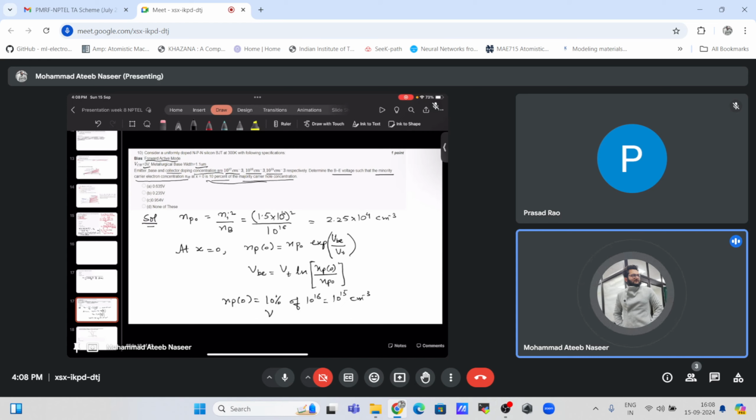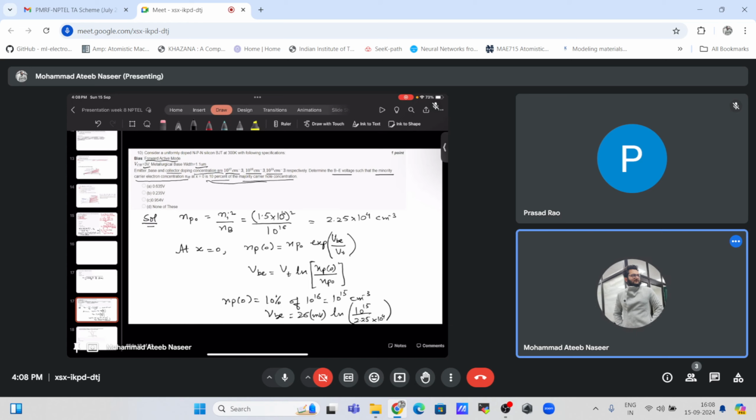And VBE is simply 26 millivolts times ln of np of 0 over np0, that is ln of 10 to the power of 15 by 2.25 into 10 to the power of 4.